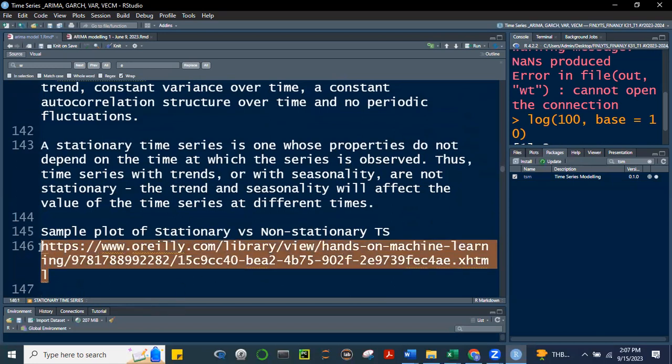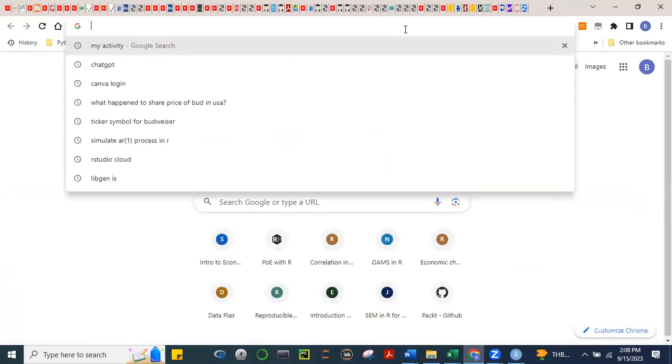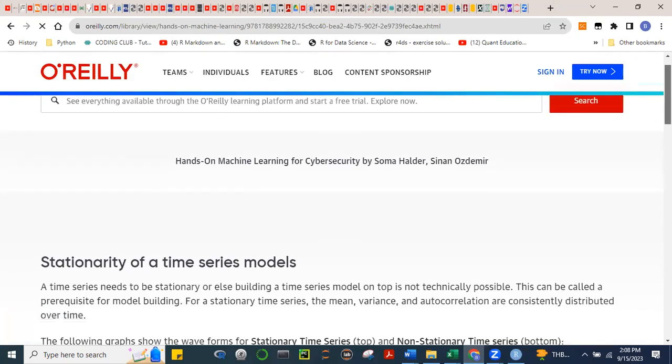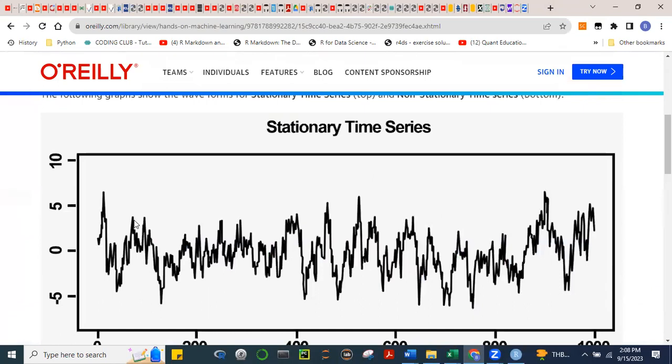Okay, so let's see. If you kindly press Control C to copy this link, and Control V. Let's see. Just the plot of a stationary series. Okay, this one, class, is a stationary time series. And usually, class, a time series is plotted using a line plot because the data are chronologically arranged.